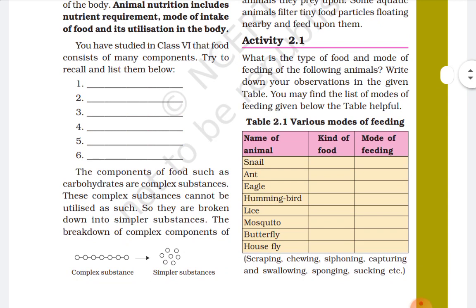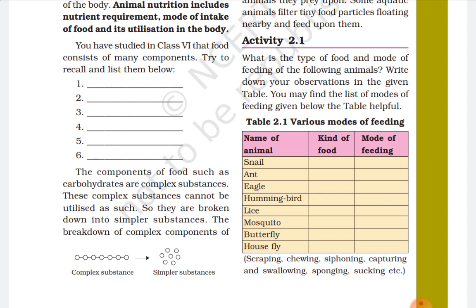So it says that the food which we eat has carbohydrates, fats, and these are complex substances. And you can see that there is a chain which is joined together, and that's why it is called complex. And then the simpler substance, it is free. All the particles are free, and hence we can absorb nutrients from the simple substances.